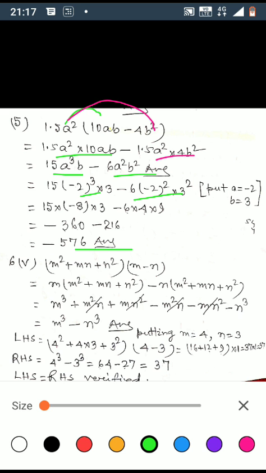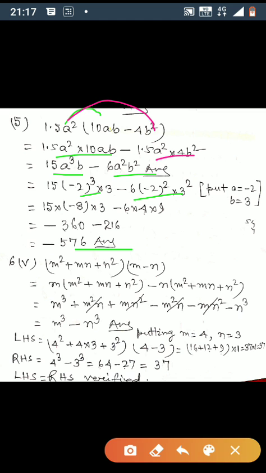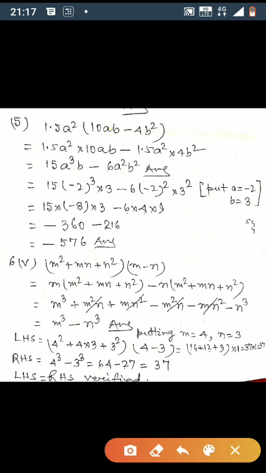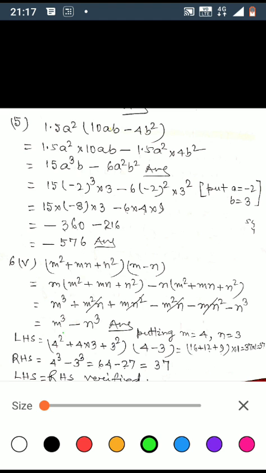Similarly, you can do question number 6. 6 का 5: m square plus mn plus n square multiplied by m minus n. First of all, find the product of binomial by trinomial.